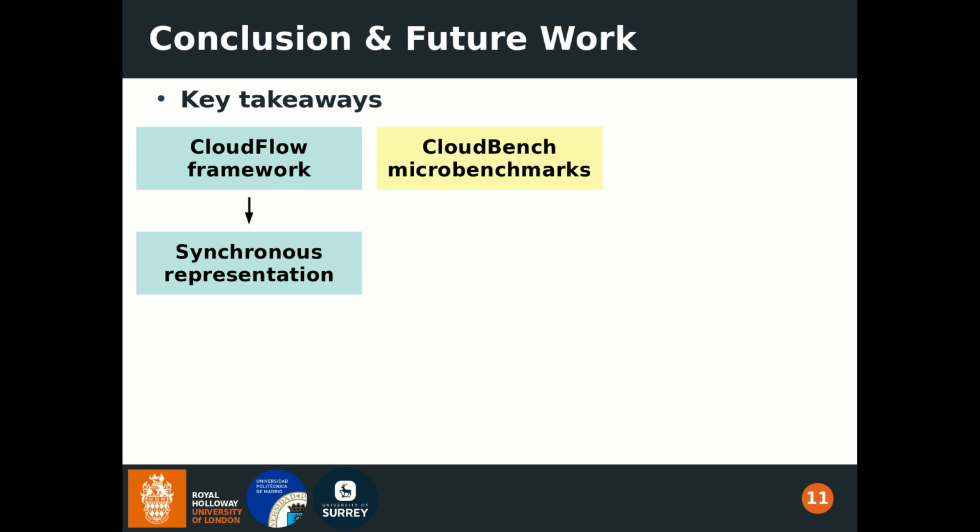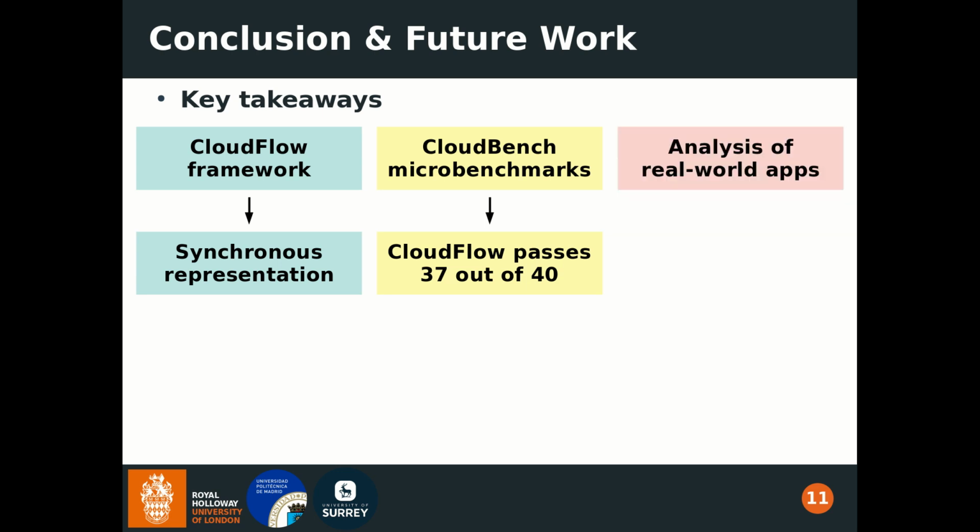We also release a new suite of reusable, security-oriented micro-benchmarks, CloudBench, used to evaluate CloudFlow. Our framework passes 37 out of 40 micro-benchmarks. Finally, starting from a recent dataset, we analyze 104 real-world applications, where we identify 11 vulnerabilities in total.